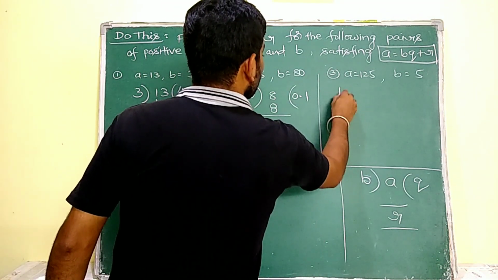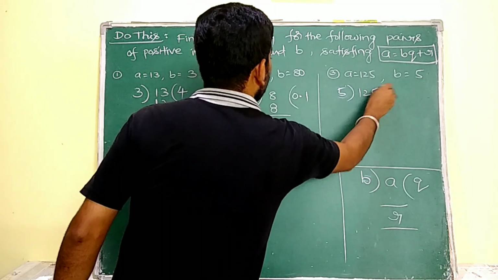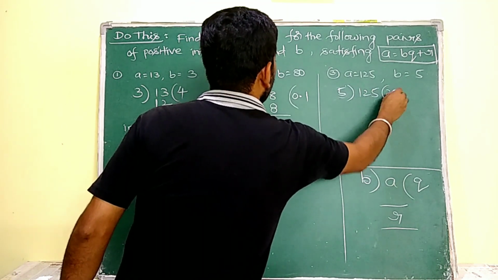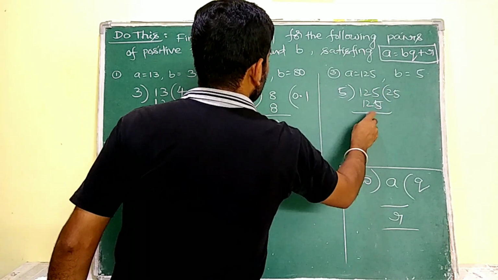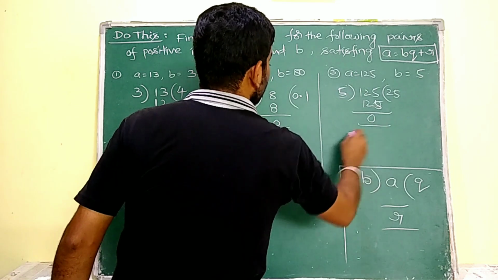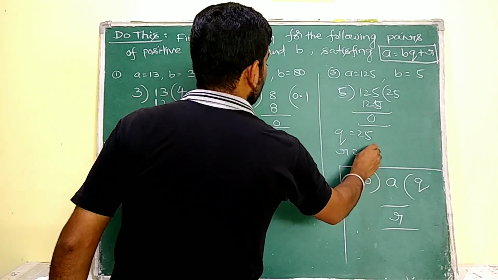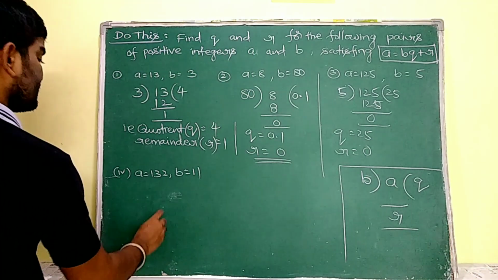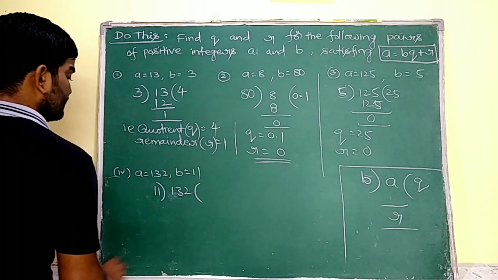Now here I am going to divide 125 with 5. 5 25s are 125, we know. I am directly writing it, else you have to do the general division. The remainder is 0. So quotient is equal to 25, remainder is equal to 0. Similarly, I have to divide 132 with 11.